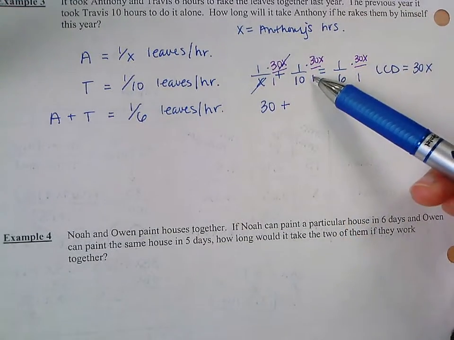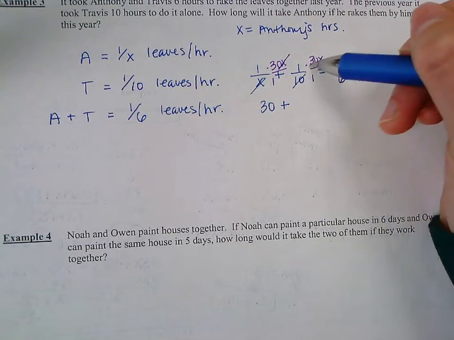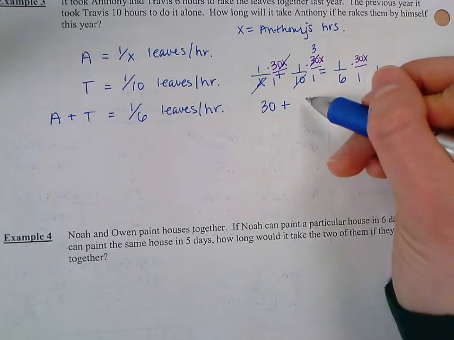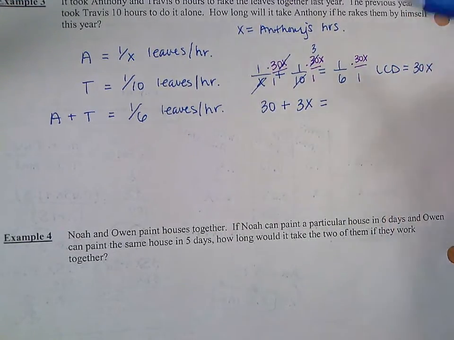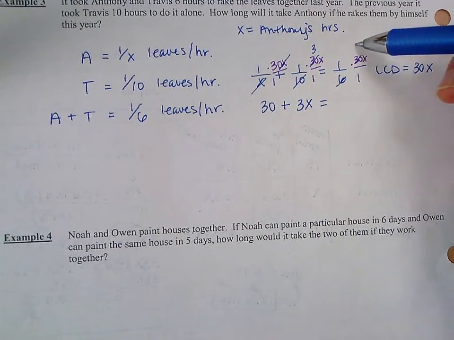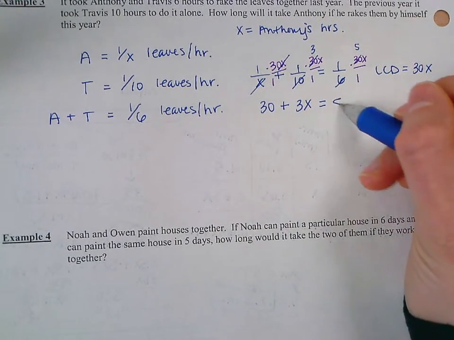In the second one, the 10 and the 30 can simplify. 10 becomes a 1, 30 is 3. So I have 1 times 3x, so 3x. And then the 6 and the 30 can simplify. 6 becomes 1, 30 becomes 5. So 1 times 5x is 5x.